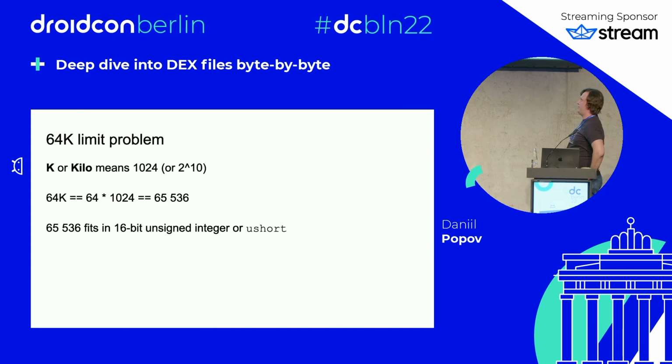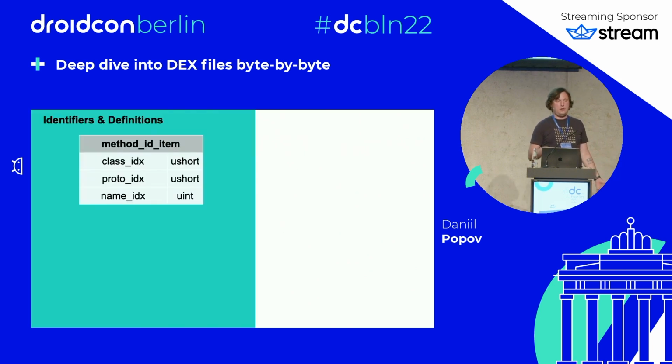Okay, what is 64K? Actually, it's the number 65,536, and it can be expressed in a 16-bit unsigned integer, or ushort in our notation. And here we come to the problem. We can reveal the mystery of the 64K problem.